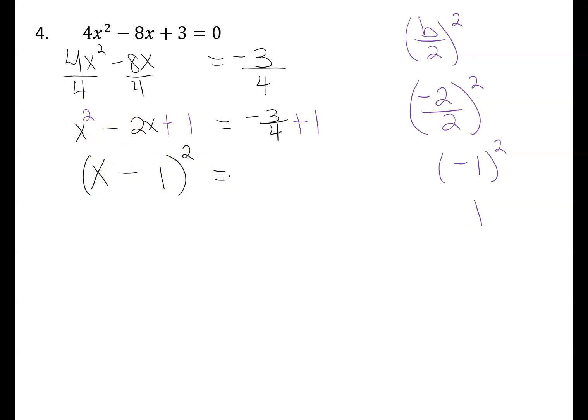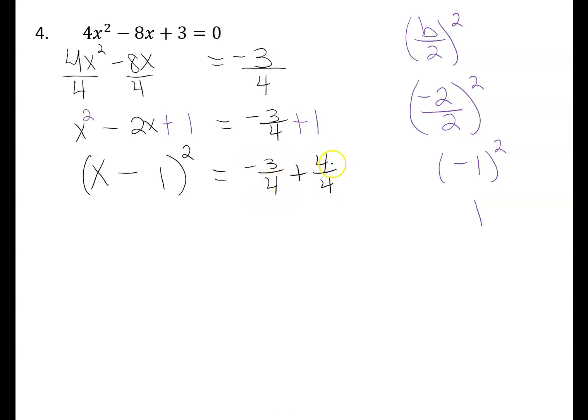And on the right side, you may know what negative 3/4 plus 1 is right off the top of your head. If so, go ahead and write it. If you need to go through the steps of getting a common denominator, that 1 would become 4/4 because we want it to have a 4 on bottom.